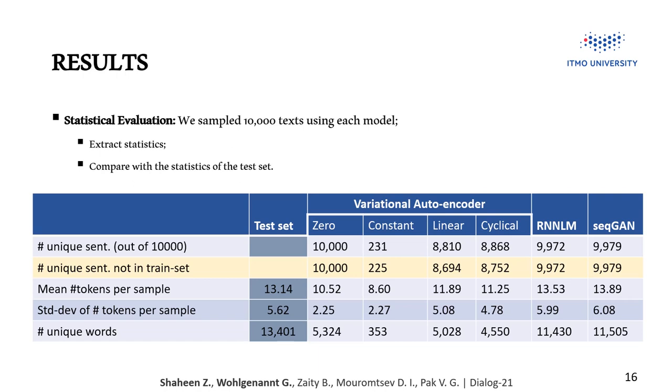However, the other schedules of variational autoencoder have a little bit of overlap with the training set. In contrast to variational autoencoder, RNN language model and sequence GAN show statistics that are close to those in the test set in terms of mean number of tokens per sample, standard deviation, and the number of unique words.